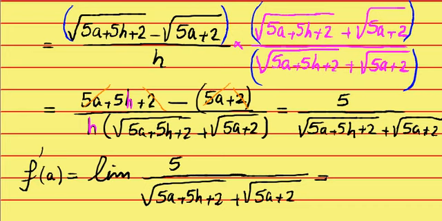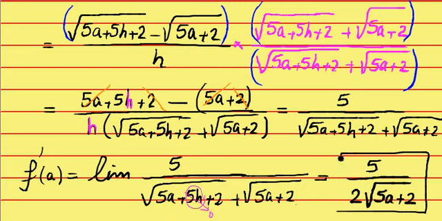What is the limit? Well, h is the item that goes towards 0. That makes this radical a copy of that radical. So you're just doubling up on these radicals. You have 5 over 2 of these things. So I'll write 5 over 2 radical 5a plus 2. That is our answer.